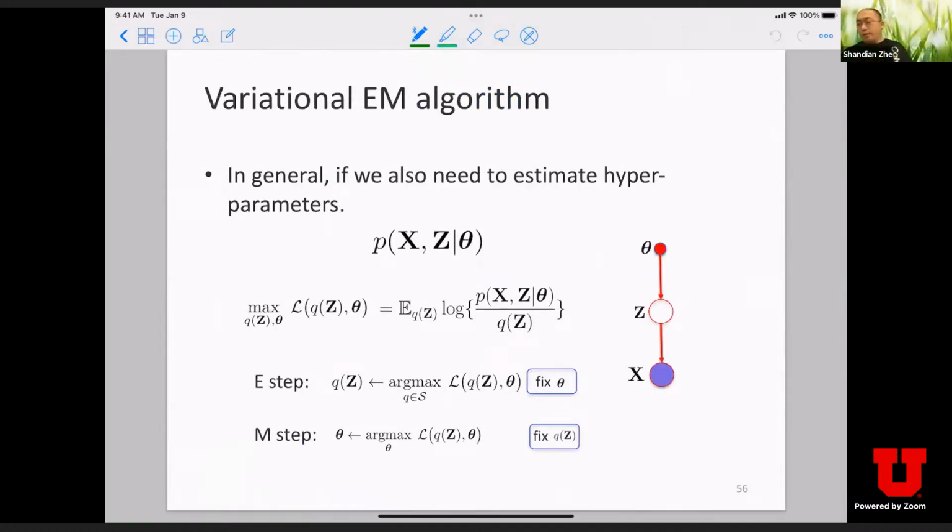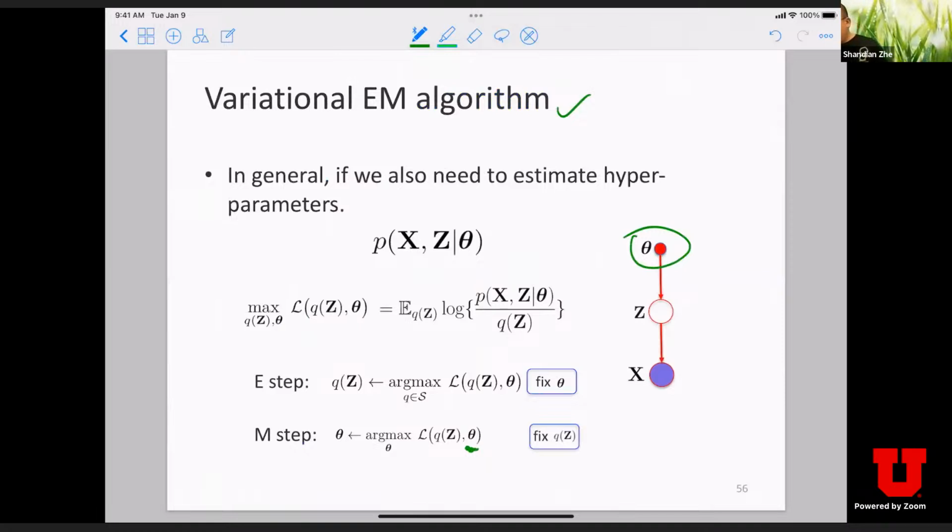So the last thing I want to talk about is the variational EM algorithm, which includes not only updating the variational parameters ξ, but also, if your model itself contains some hyperparameters θ, in the M step you can also maximize your lower bound with respect to θ. You can do it all together.